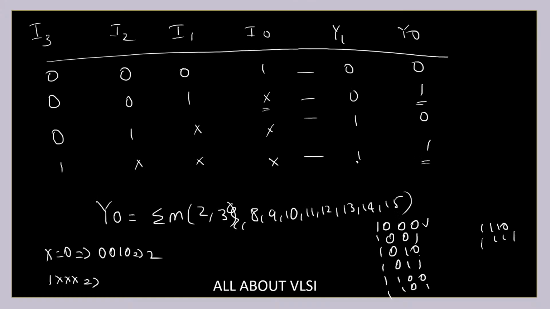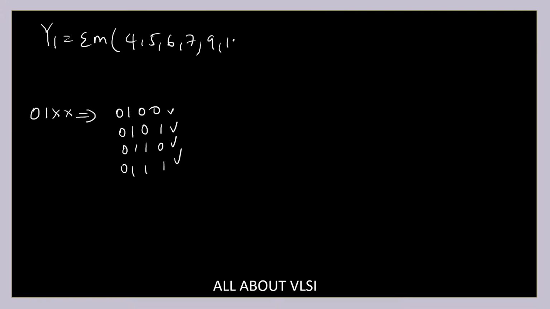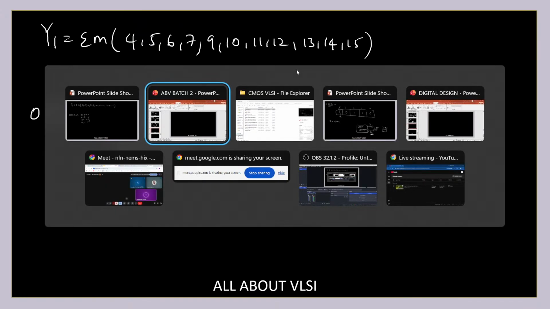And next what I have is 1 x x x, which again gives 8 to 15: 8, 9, 10, 11, 12, 13, 14, 15. Okay. So these are the minterms for my y0 and the minterms for y1.